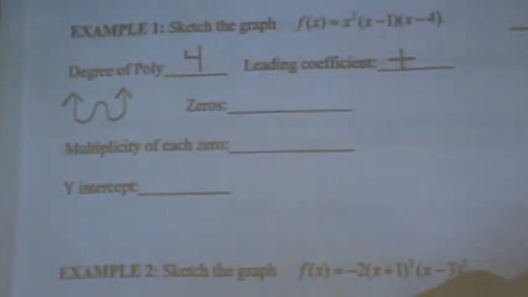It's going to be positive. If you multiplied these out, you would get positive x to the 4th power. So with a degree of 4 and a leading coefficient that's positive, this is the shape of my graph. Can you tell me, moving left to right, what are the zeros? You set each of these equal to 0.